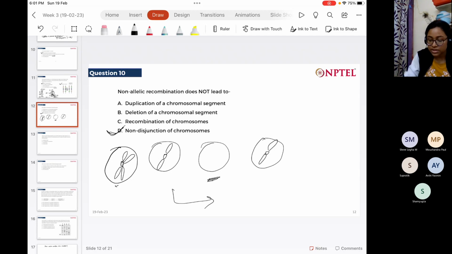You can see the consequence in Klinefelter syndrome, which happens for the sex chromosome. Then there is also Turner syndrome, then Down syndrome, where there's a gain of one whole chromosome.